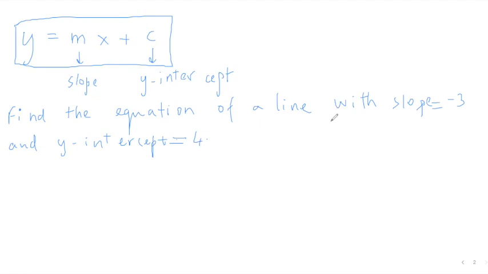This is very simple because you're given the slope and you're given the y-intercept. So the equation of this particular line will be y is equal to minus 3x, because the slope is minus 3, plus 4. Okay, that's the end of the story. That's all you need to do. Right?